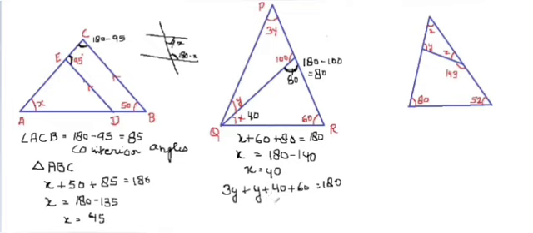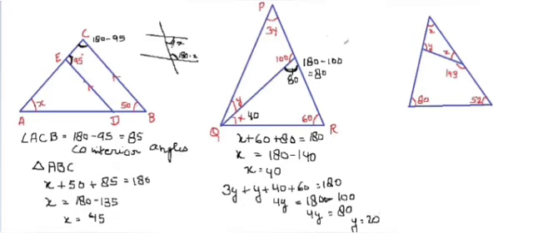Now 3y plus y will be 4y and 40 plus 60 will be 100, which will be subtracted on the other side. So I am subtracting 100 on the other side. So 4y will be equal to 80, or y will be equal to 20.